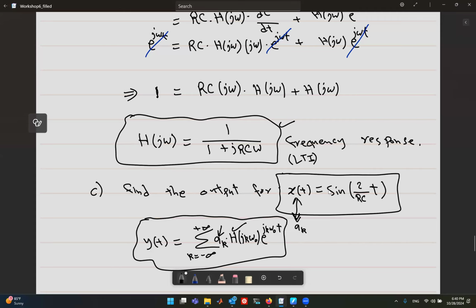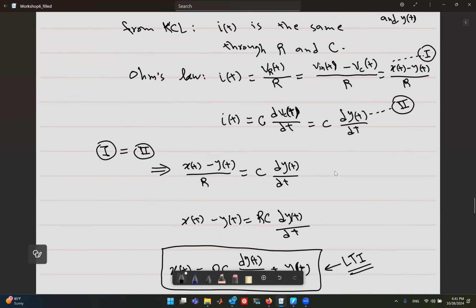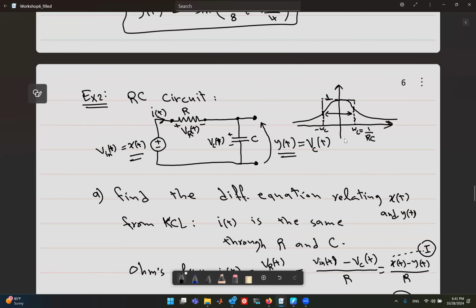And from here, you should expect that the frequency of this signal is two times the cutoff frequency, right? Because here we said that the cutoff frequency of this filter is 1 divided by RC, and our signal x(t) in this question is given with a frequency of 2 times the cutoff.